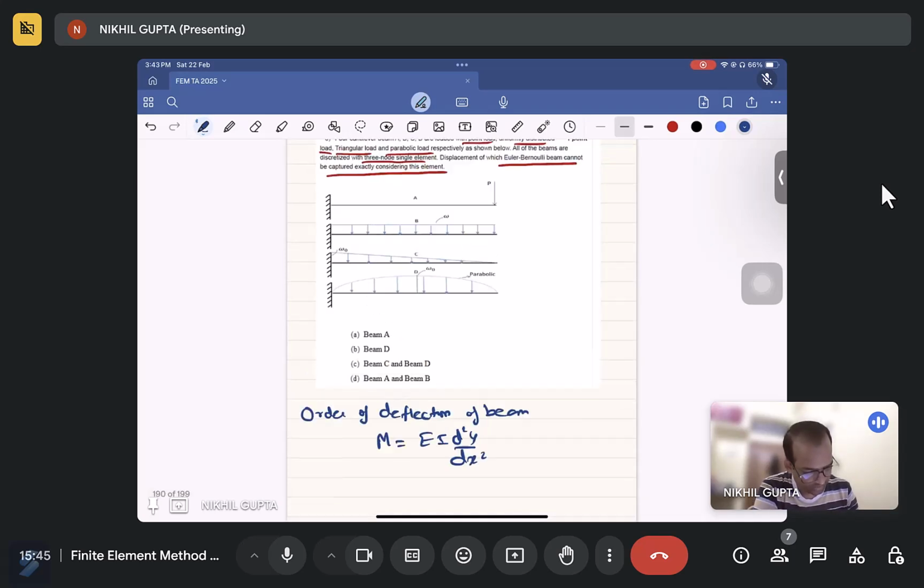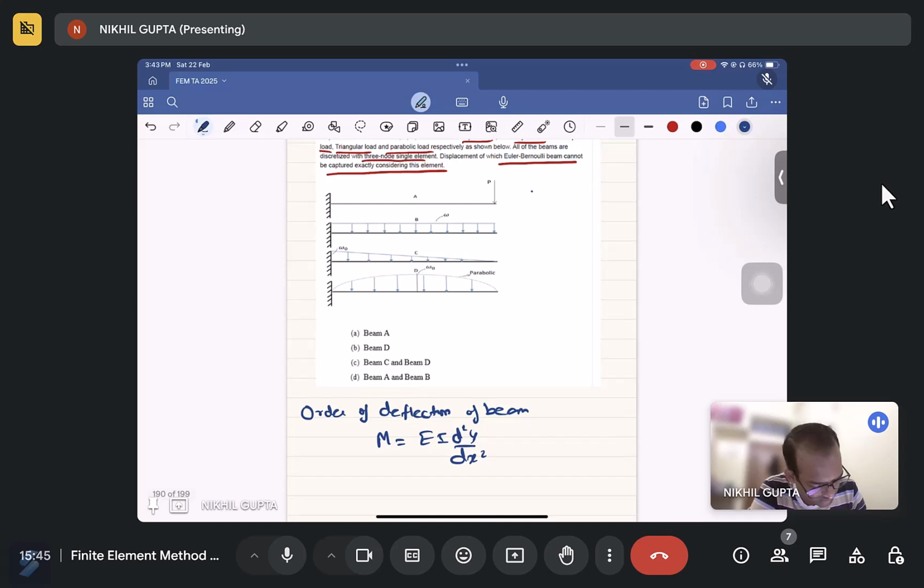When you make a bending moment diagram in this question, it will be like this. This is 1 degree. In this, it will be 2 degree. In this, it will be 3 degree, and for this it will be a 4 degree curve.